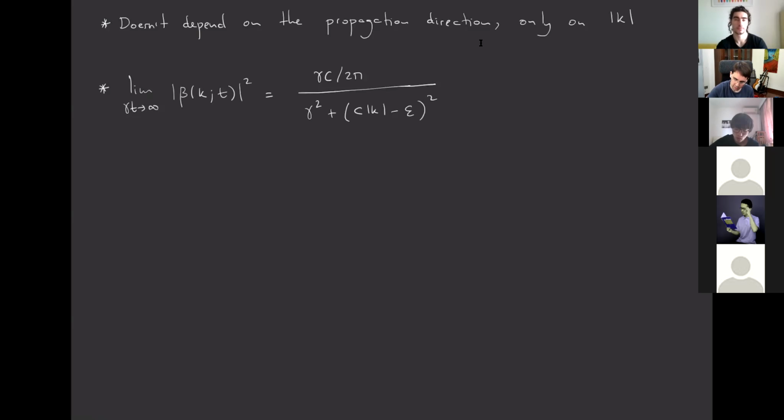What is this? This is a Lorentzian of width gamma.